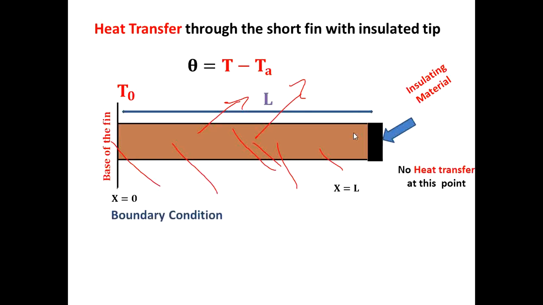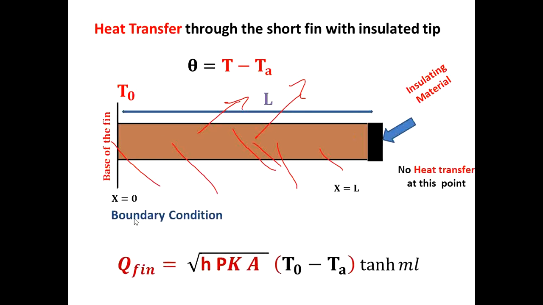Therefore, these are the boundary conditions. What are the boundary conditions? At x equal to 0, theta is equal to theta naught. At x equal to L, dθ/dx is equal to 0. You can verify this one.